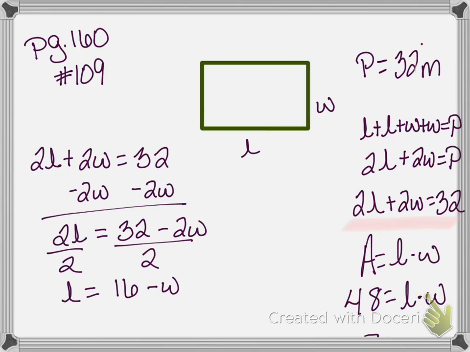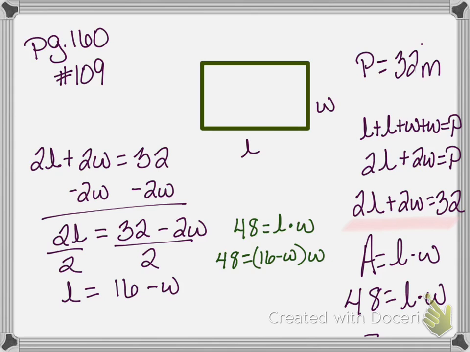So now I'm going to do this in a different color just so everybody can really tell what I'm talking about. I'm going to take my area. So I've got 48 equals length times width. So I'm going to take out that L and put in 16 minus W. That's my L. And I'm going to multiply that times W. So now I'm going to simplify.